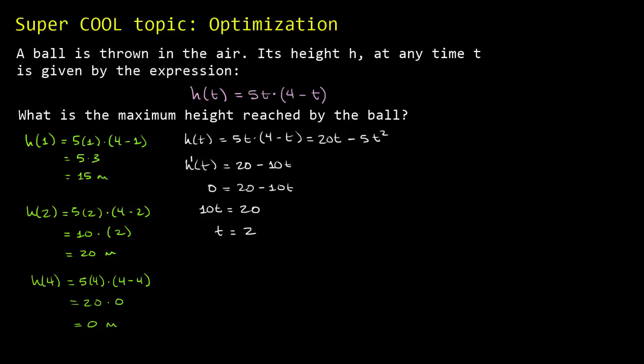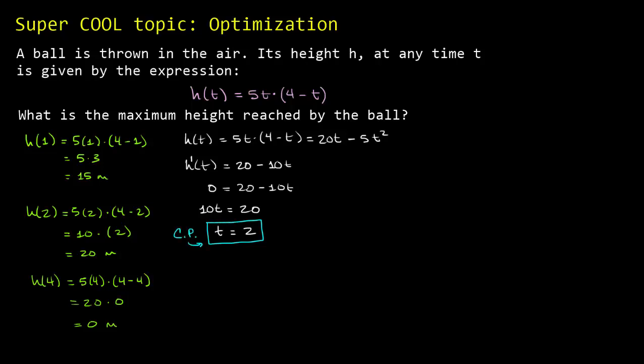This should properly be 2 seconds, but we're just going to leave it at 2 to avoid any further complications. So this is a time t where we have a possible critical point. Critical point at time equal to 2.